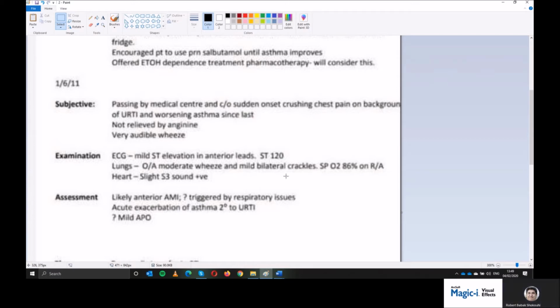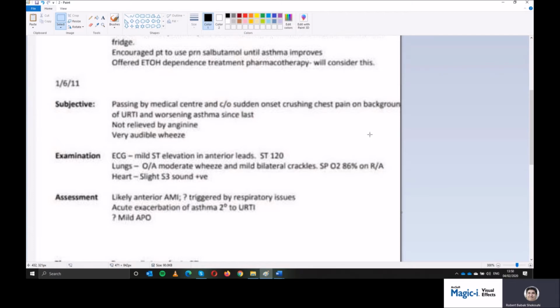I don't know, maybe the ST segments. Lungs: moderate wheeze, mild bilateral crackles, SpO2 86% on air. Heart: slight S3 sound positive. I don't know about the OA and RA abbreviations, I cannot find them.